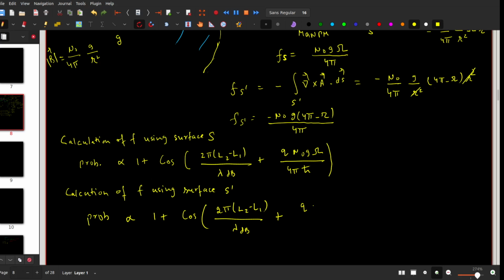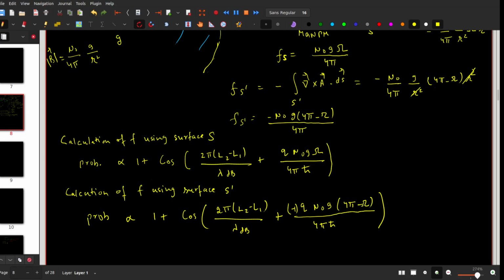Fs prime has a negative sign, so we have a negative sign here. Fs prime is minus mu naught g times 4 pi minus omega divided by 4 pi, and we also have a factor of h bar. So these are two different expressions for the probability that we get using two different surfaces S and S prime in the Stokes theorem.